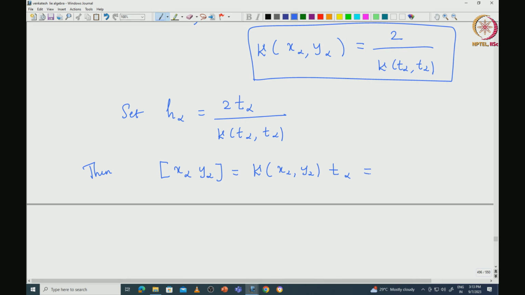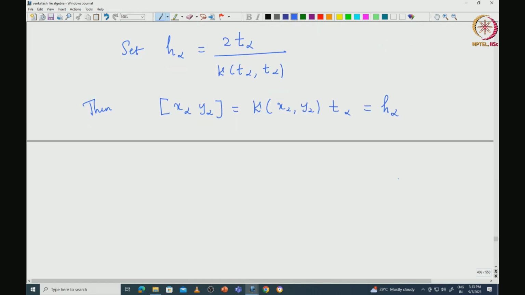Since kappa of x alpha comma y alpha is given to be 2 divided by kappa of T alpha comma T alpha, you can see that this is exactly equal to H alpha. Moreover, if you compute [H alpha, x], this is nothing but alpha of H alpha times x for x in g alpha.